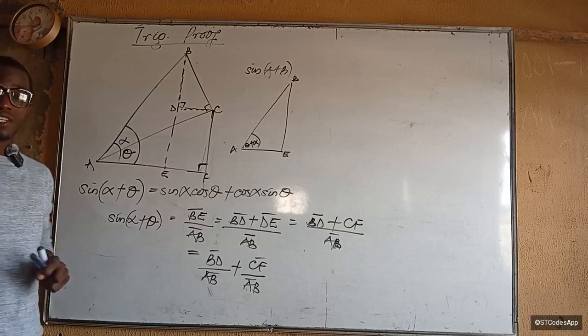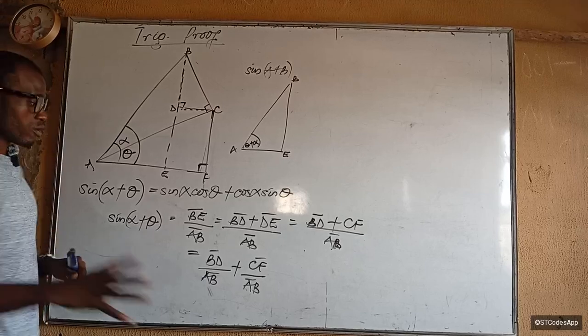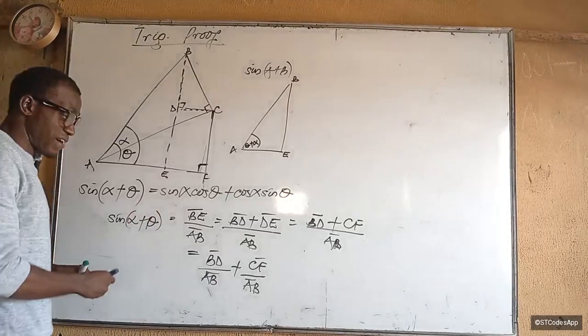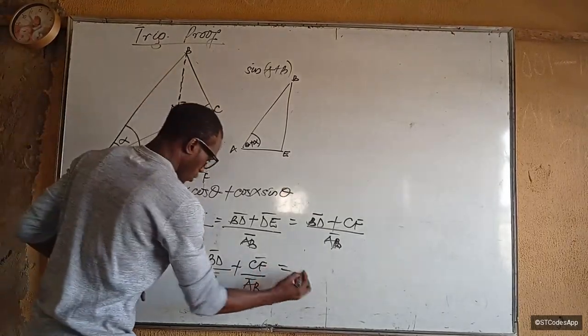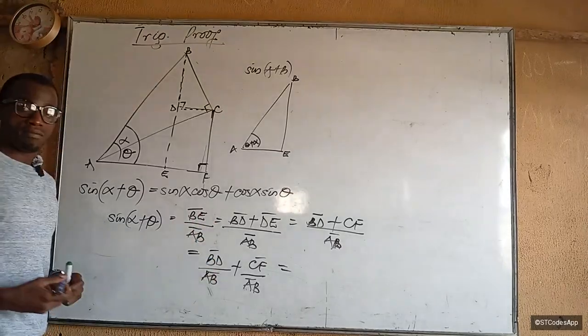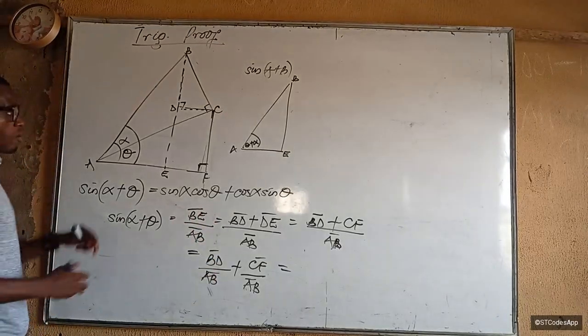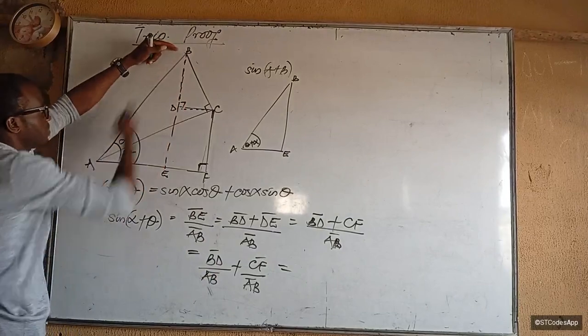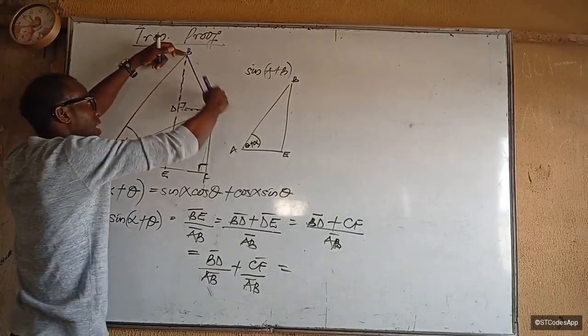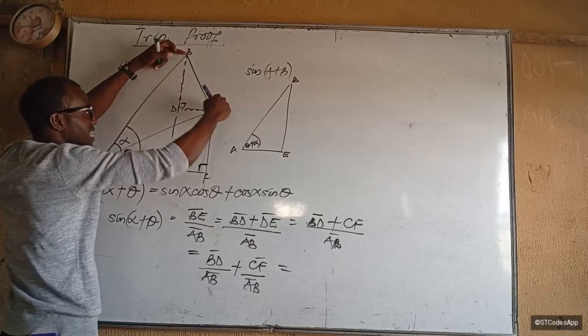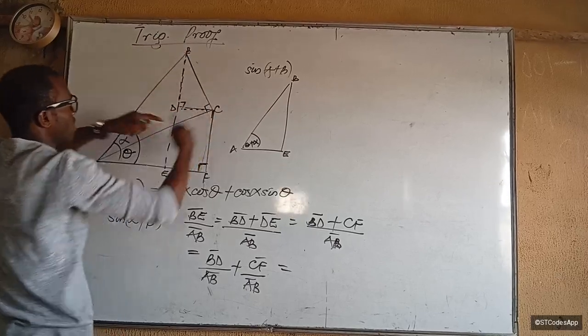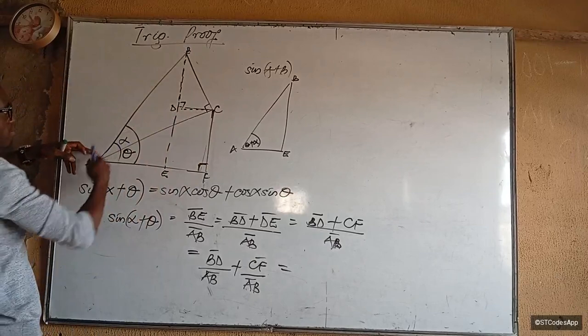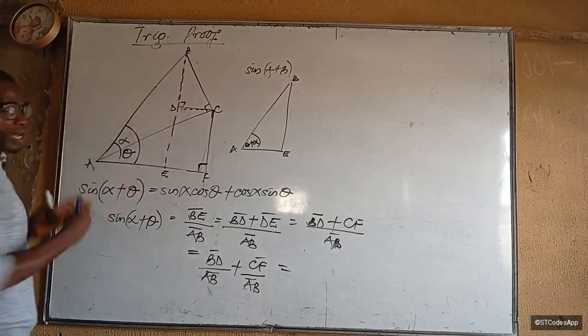That part is what we're going to use to find the solution. So which part do BD and AB have in common? They both have this side in common. This side is part of this small triangle, and this part is part of this larger triangle.